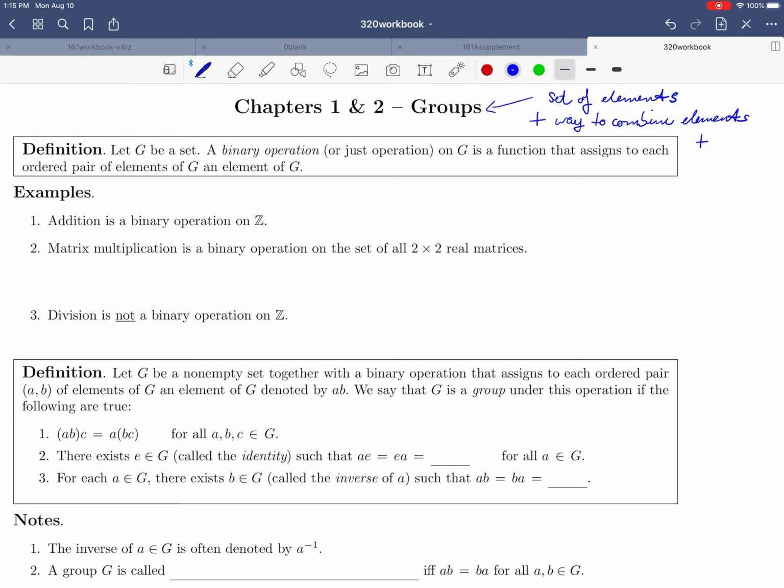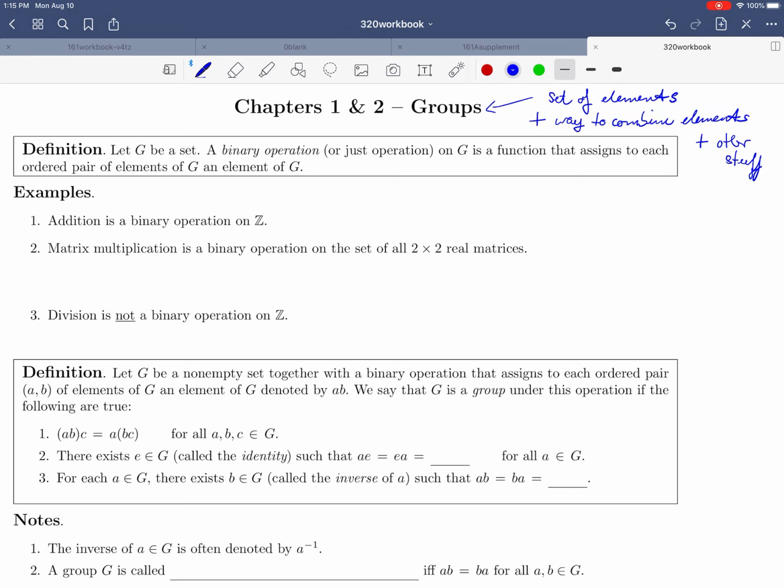And then there are a few other things, plus some other stuff that has to be true about what happens in a group. But really, you have a set of elements, a set of stuff, and we define a way to take two of those elements, combine them to get another element in our group.